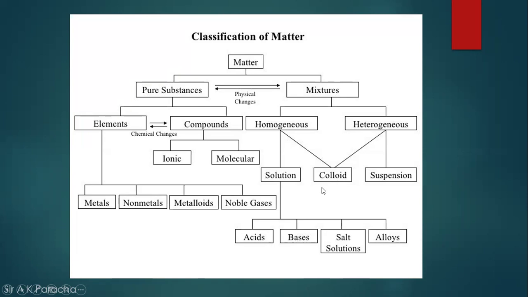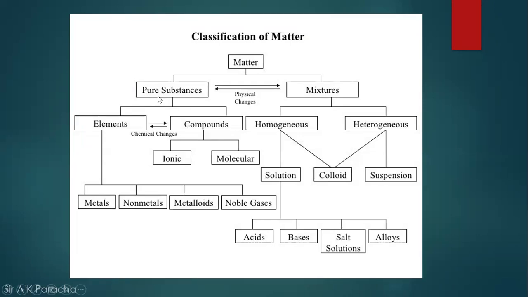When you dissolve something like fine sand in water, which does not separate itself even when you leave it for a long time, that is a colloid. The difference between a colloid and a suspension is that a suspension separates itself. If you leave the mixture for a short time, different layers of different chemicals will form.